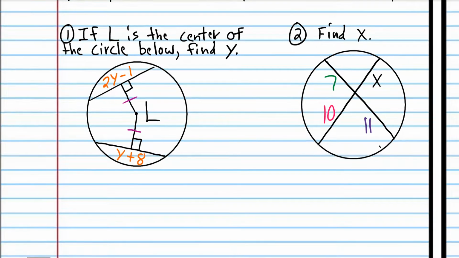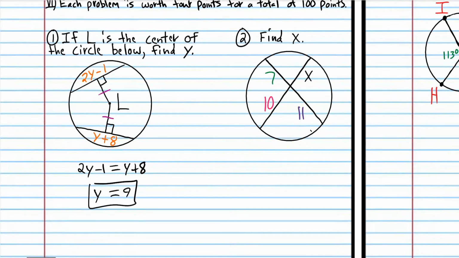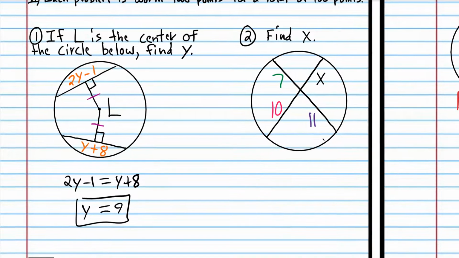So what the theorem tells us, the equidistant chords theorem, is that these chords must be congruent. So 2y minus 1 must be equal to y plus 8. Subtract y from both sides, add 1 to both sides, and we get y is equal to 9. So that was a pretty easy problem. If you got that one right, good job. Go ahead and try number 2, and when you come back, we'll do it together.